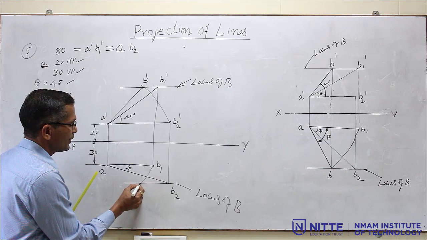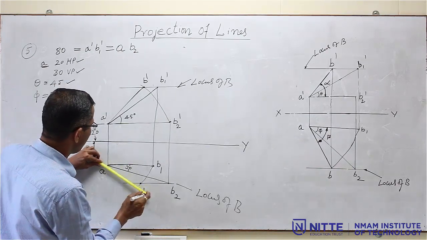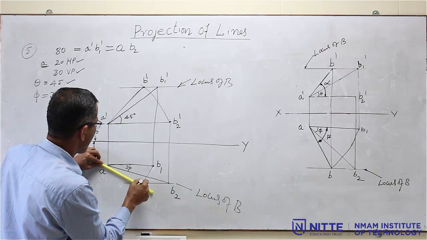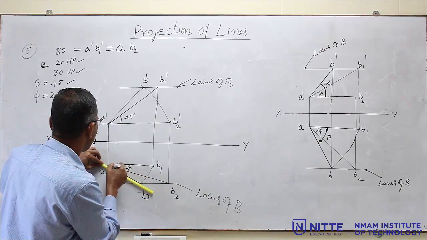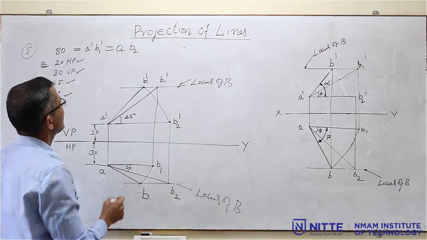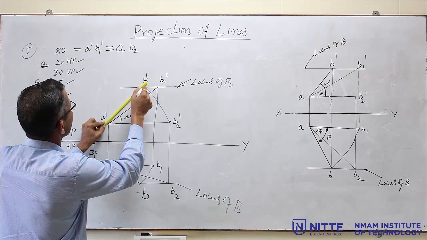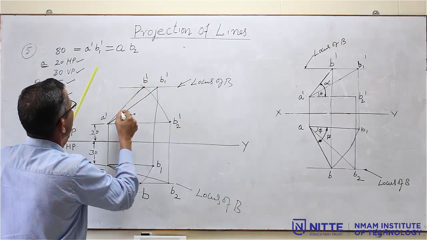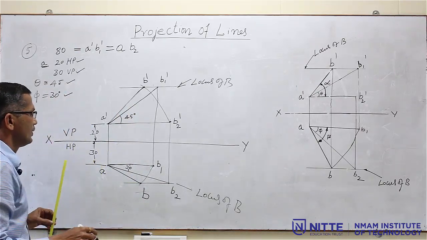Wherever it cuts the locus, call this point B, and join AB by a dark line, because this is the required line, the top view. Now, in this, A dash B dash is the front view, it should be dark, and AB is the top view.